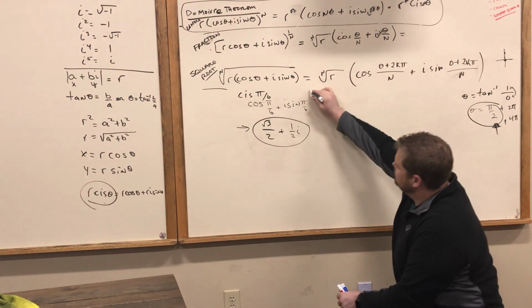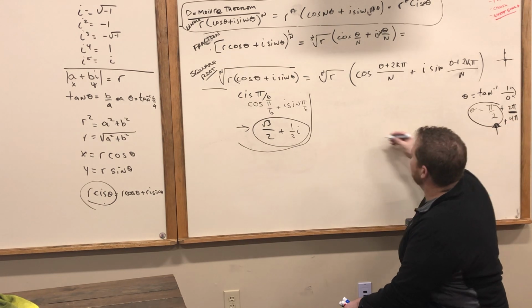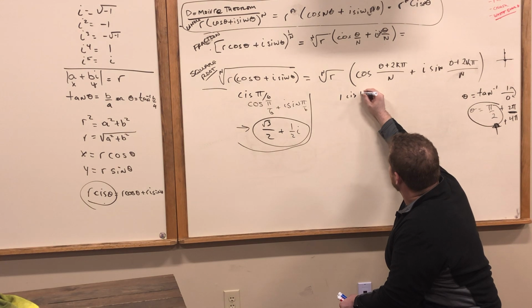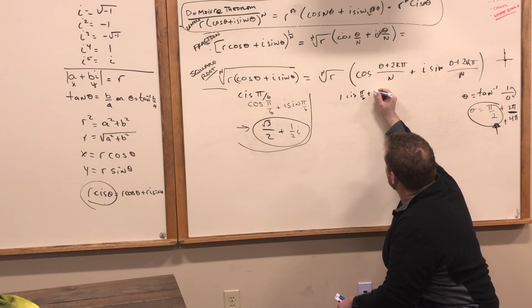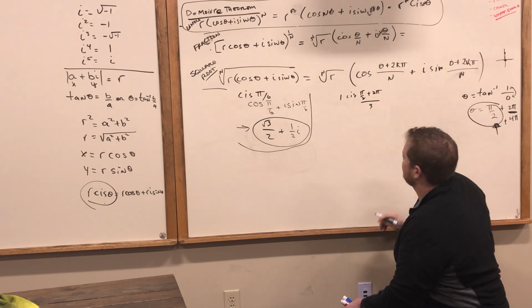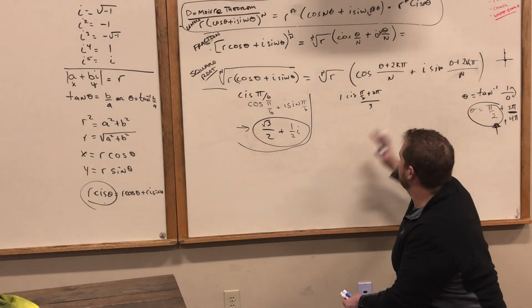So this is your first one. Our second one is going to be when we add 2 pi in it. So it's going to be 1 CIS of pi over 2 plus 2 pi, all over 3, because it's to the 1/3 power, right?